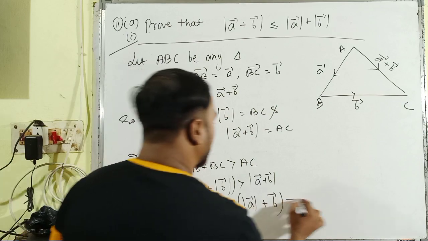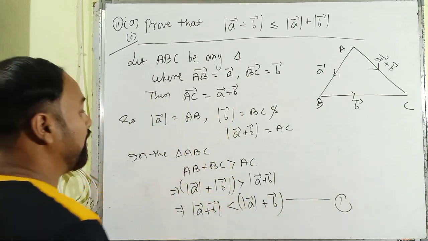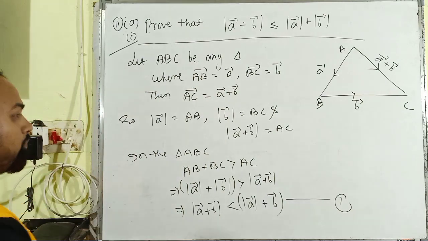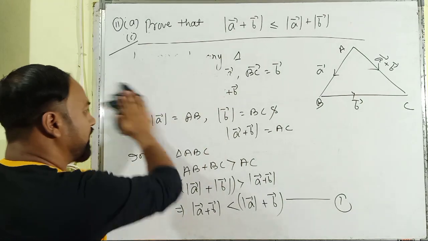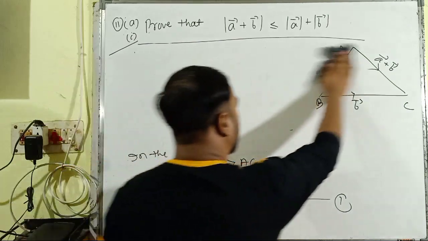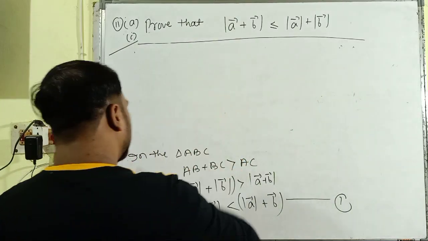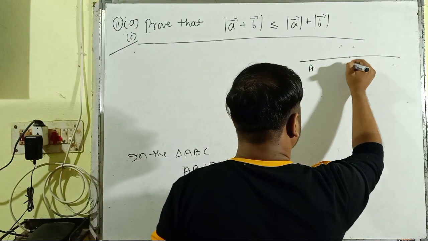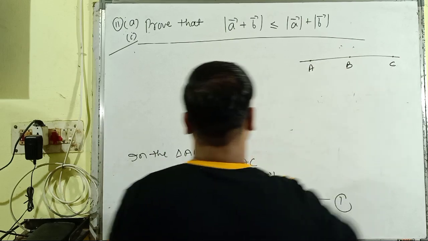And here it is case number 1. Then we have to go through the equality sign. Here it is the second case. Suppose the 3 points A, B, C are collinear.